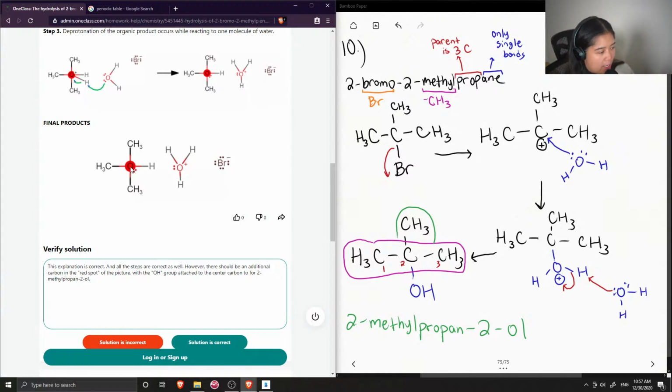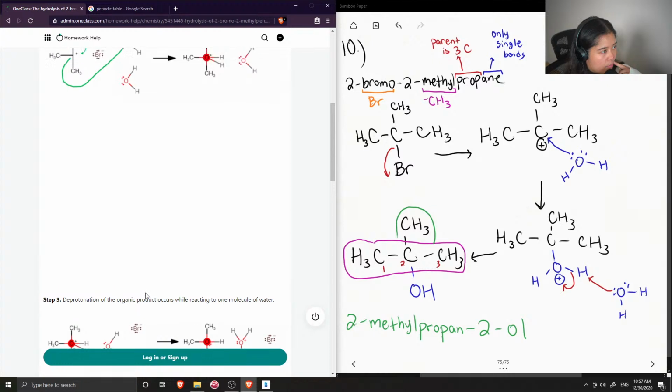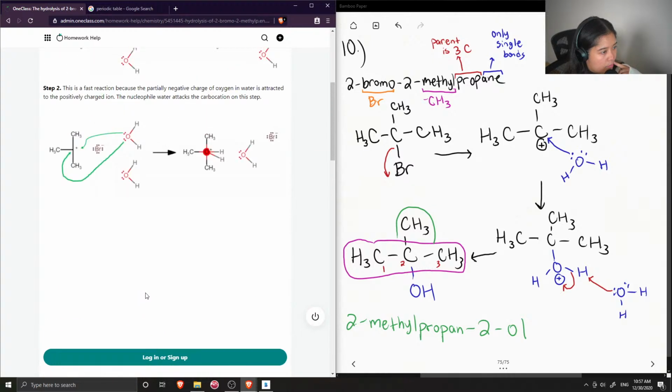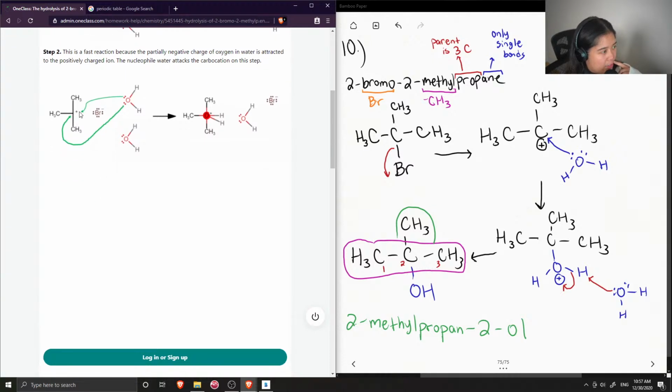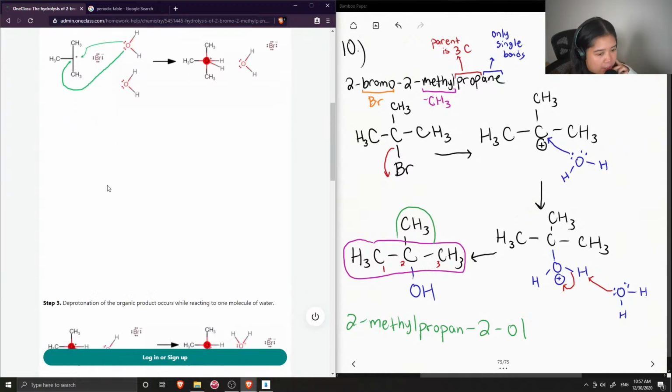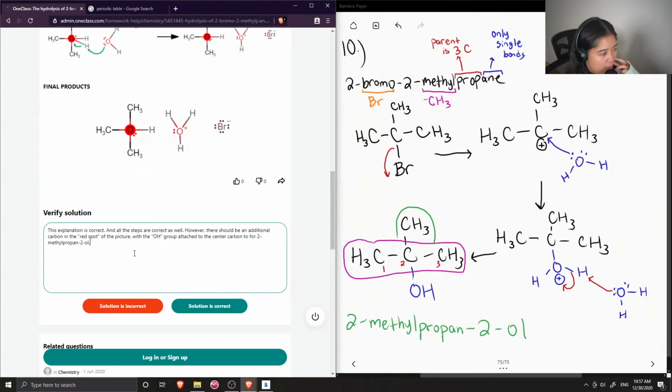It should be attached to another carbon that should be in the center of the product. Yeah, so they just had it coming in and replacing the carbon in there, but it should just be attached to the carbon in the center.